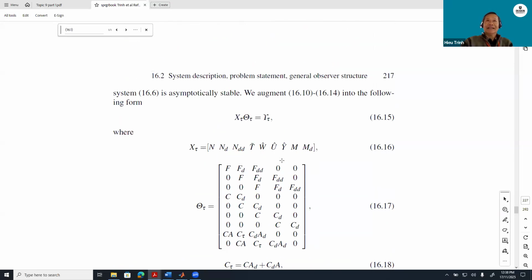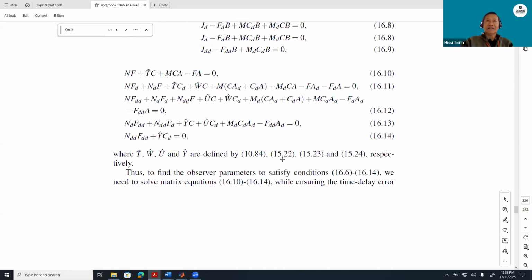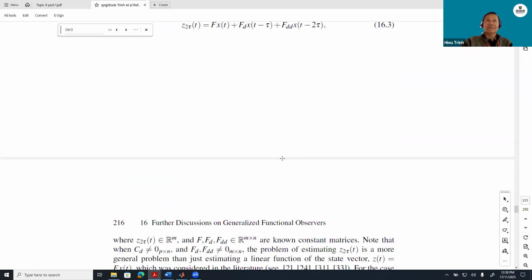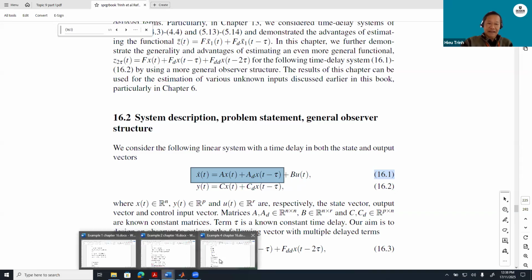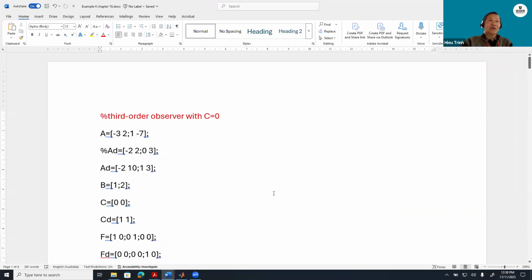Now, matrix I being stable doesn't mean that the time delay system is stable. So we can still cater for the situation where the time delay system is unstable, and that's what we further discuss in this numerical example.